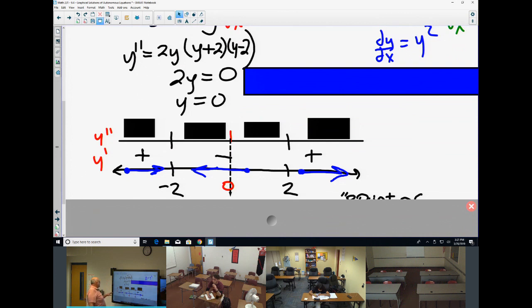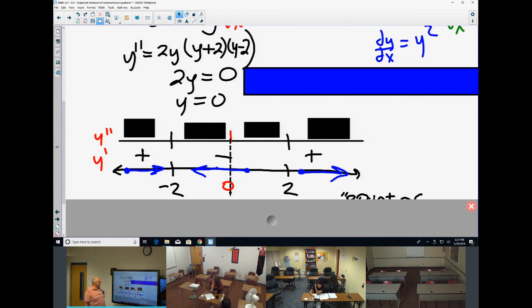So I just put the second derivative on top of the first derivative that I did in the last practice problem, so don't let this confuse you. I've got the -2, 0, and 2 up here on the second derivative line.